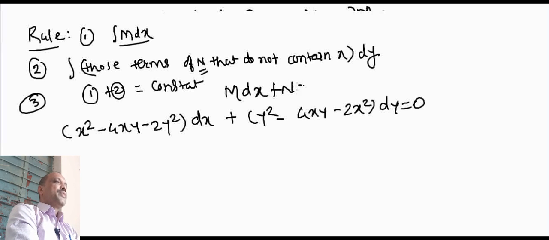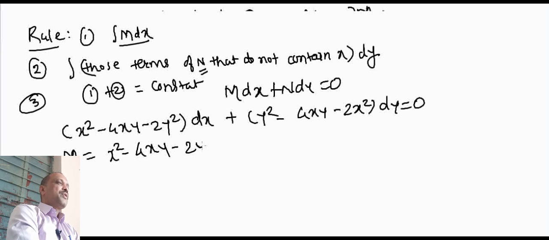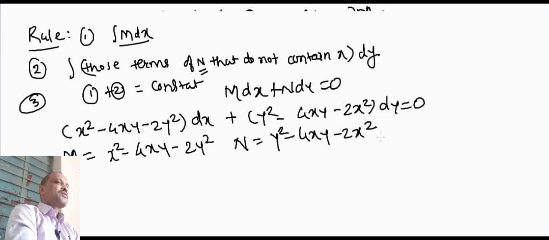If we compare this equation with m dx plus n dy equal to 0, you can easily calculate m equal to x square minus 4xy minus 2y square and n equal to y square minus 4xy minus 2x square. Here we have obtained the values of m and n. Now let us check whether this equation is an exact differential equation or not.